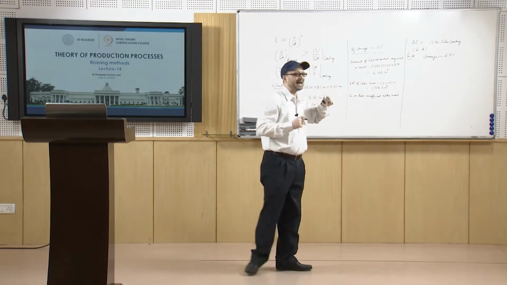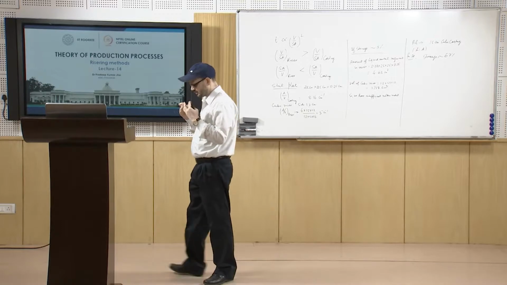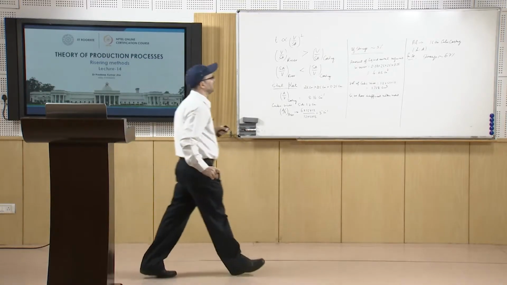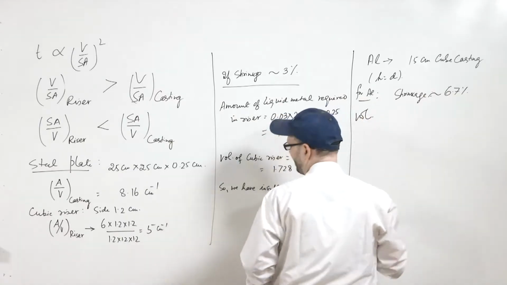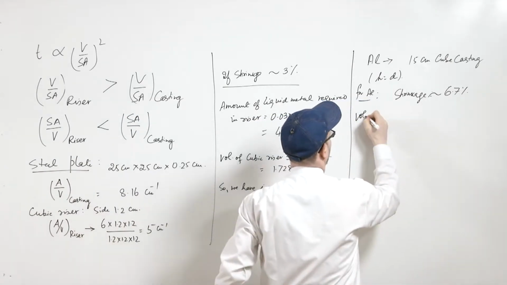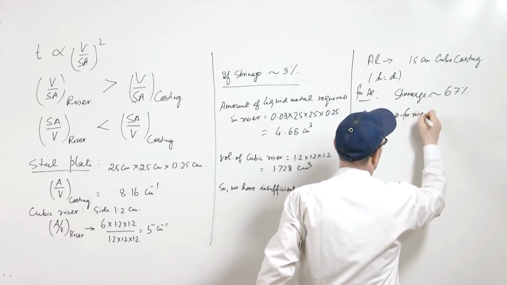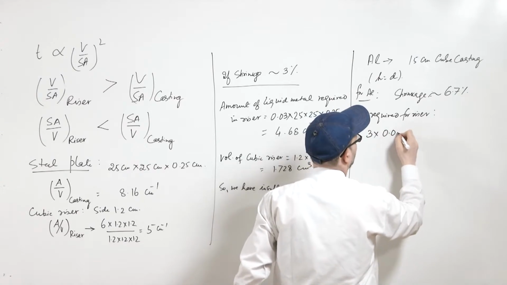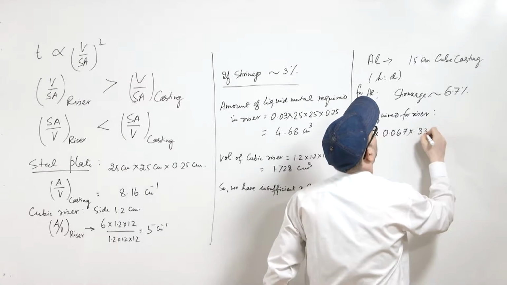If you take that assumption, the volume required for the riser will be 3 times 6.7% of the volume of the casting.